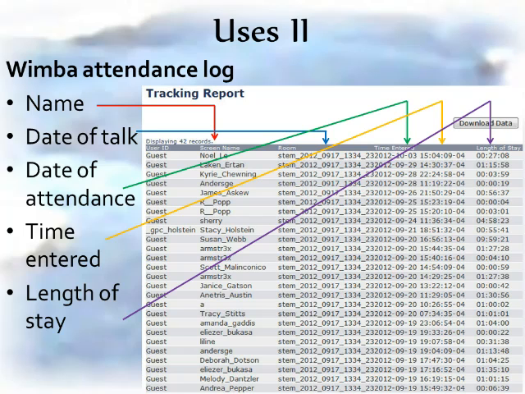The room, the time entered, that's the date, and that's the time entered, and then also the length of the stay. Sometimes people have technical problems, so they'll be in there for a minute, and then they go back out, and then they'll come back in, and then they'll go back out. So, those might be the kinds of reasons.